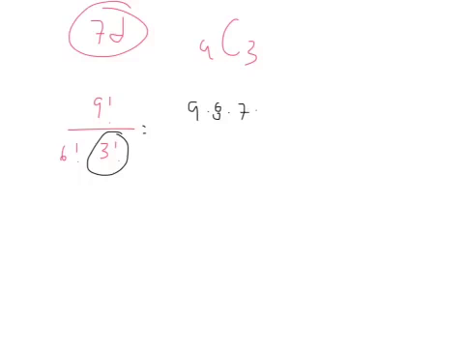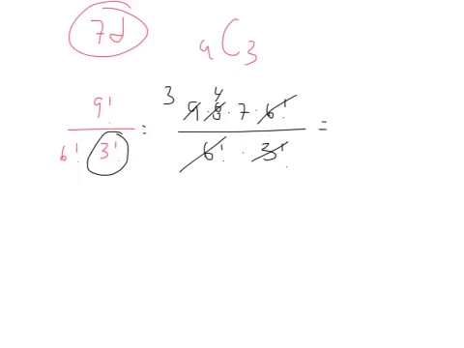In 7d, we've got a combination. So this would be 9 factorial over 6 factorial times 3 factorial. And again, the effect of this 3 factorial is just to divide away all of the duplicates. So this would be 9 times 8 times 7 times 6 factorial over 6 factorial times 3 factorial. That goes away, and then this will simplify. 3 factorial gets rid of one of the 3's here and one of the 2's there.